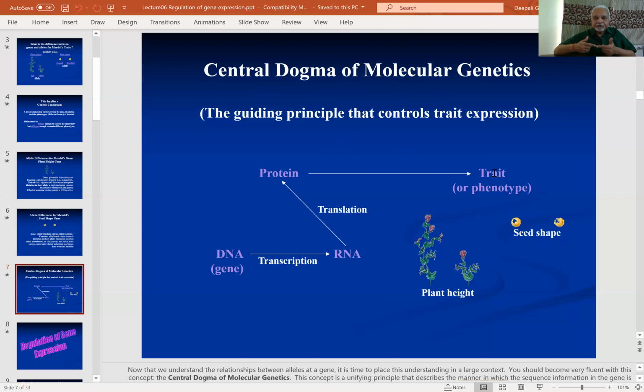It is these kinds of questions that people looked at in the 60s of the last century, first in the bacterial systems: how these genes are regulated or controlled, how these genes make protein, and these proteins get associated with the phenotype. So how these genes are expressing themselves. So another terminology came into existence, that is gene expression.